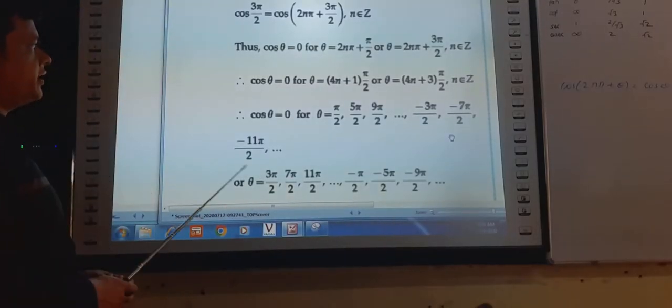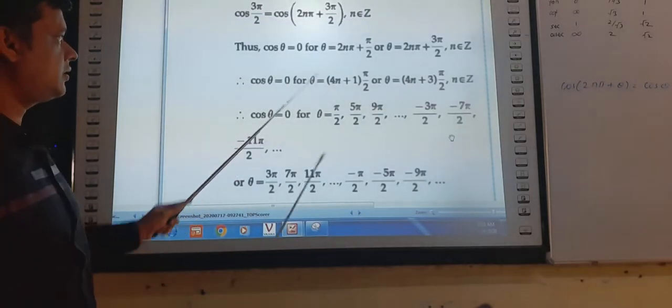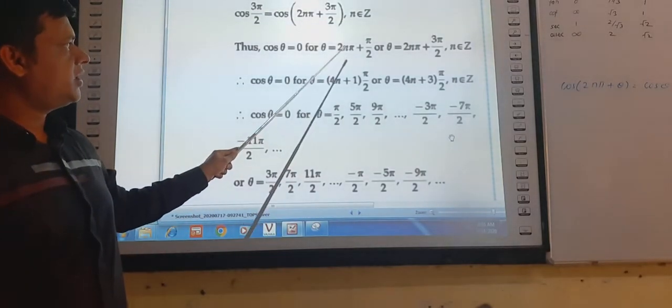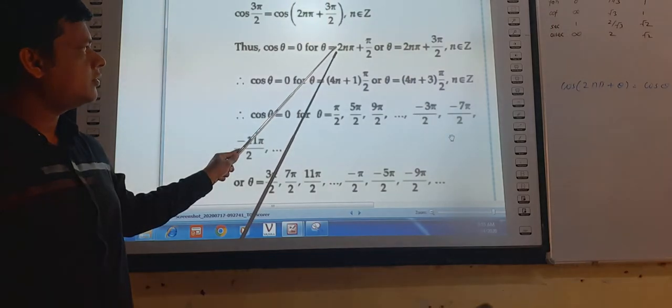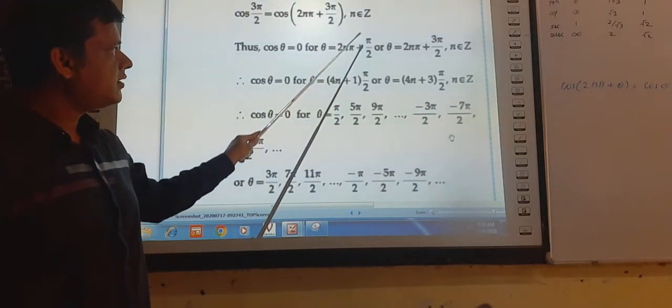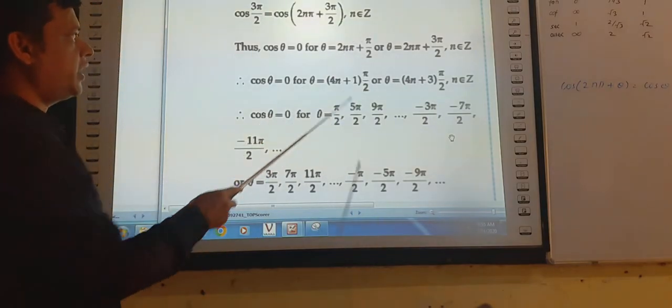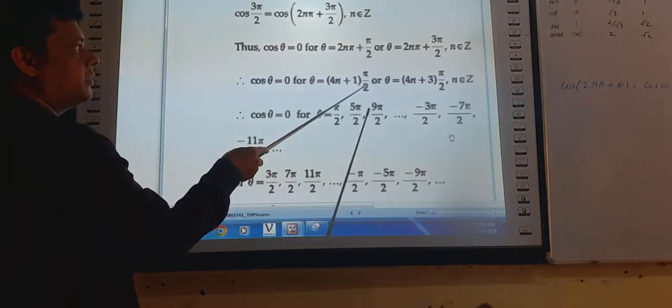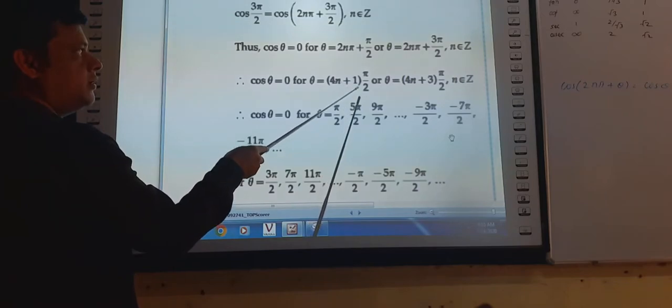For our convenience we cross multiply this first. After cross multiplying we get 2 into 2n, that is 4n pi plus pi upon 2. So taking pi by 2 common, (4n plus 1) into pi by 2.